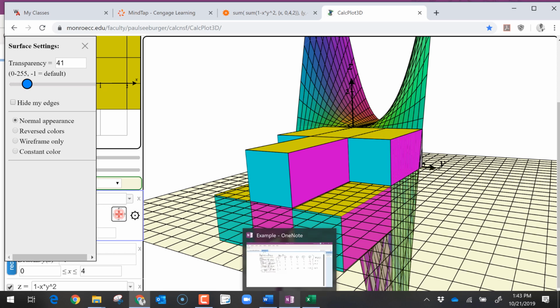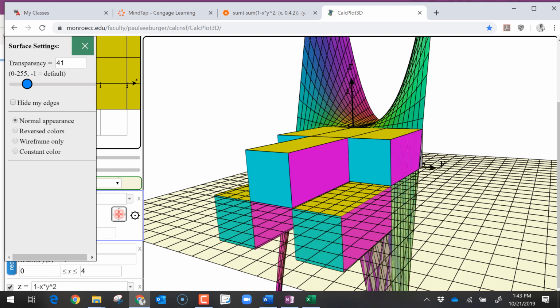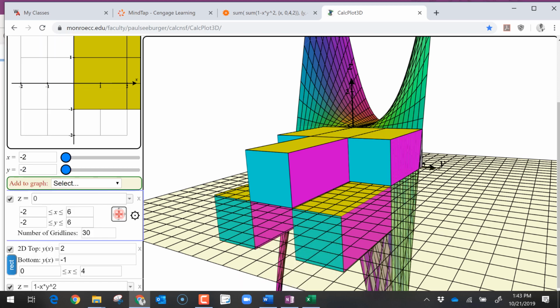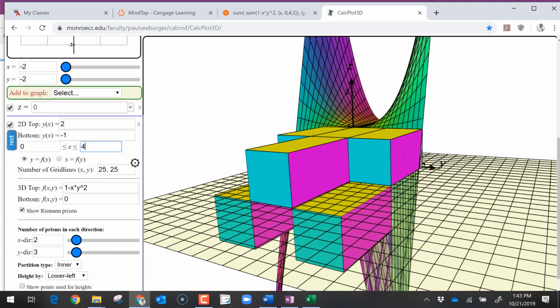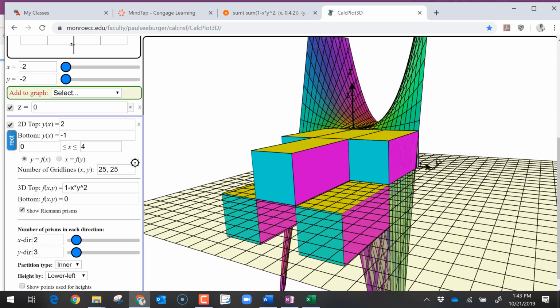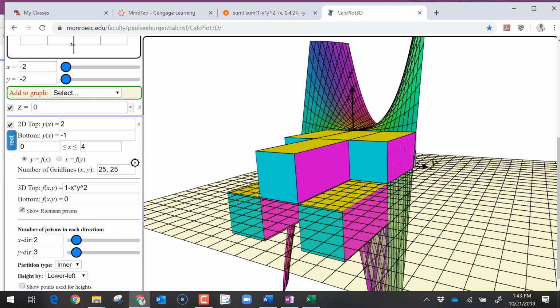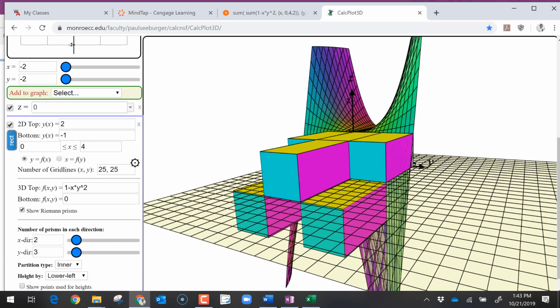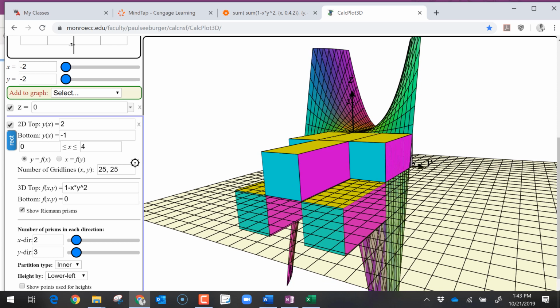Those are the boxes that you put into the function that got negatives. So this is what we have. We have some negative boxes, some positive boxes, but all totaled at the end, it looks like with the lower left corner, we ended up getting positive 4. Right? That's what you guys got, positive 4.